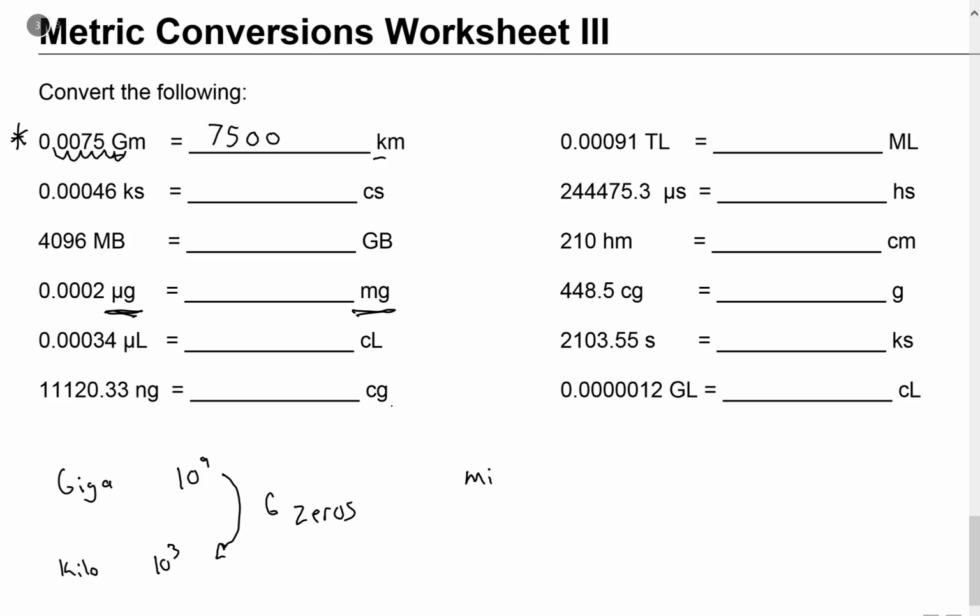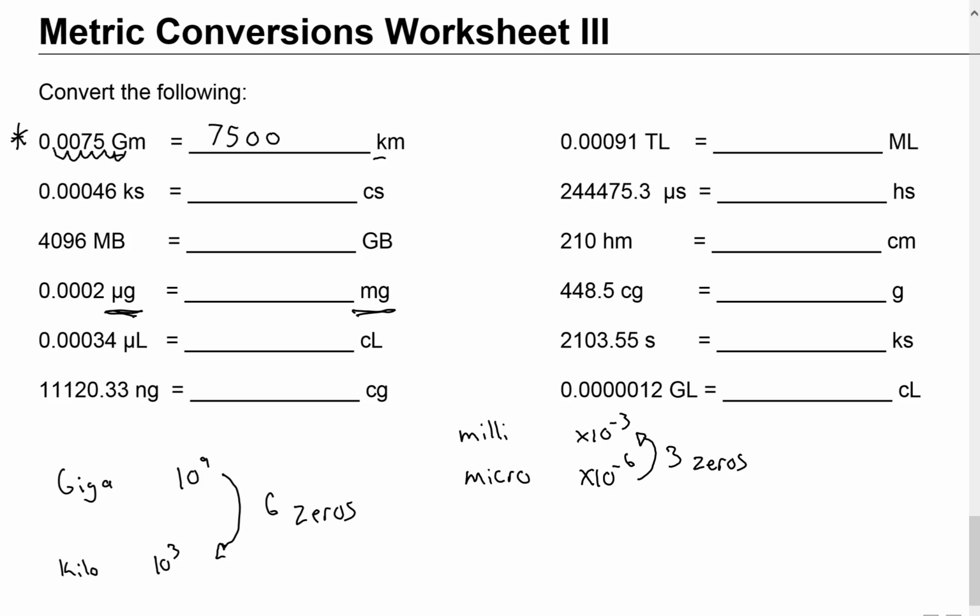Now, micro is times 10 to the negative 6, and milli is actually above it. Milli is times 10 to the negative 3. So here I'm going from micro to milli. I'm moving up. Negative 6 to negative 3, that's a difference of 3 zeros.